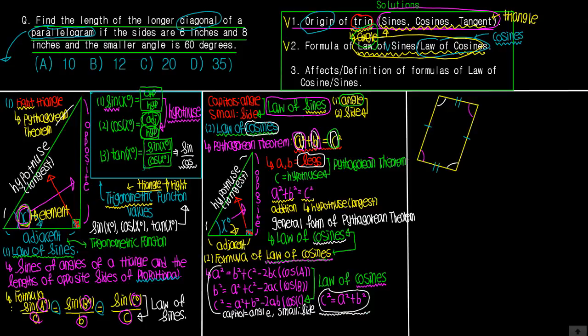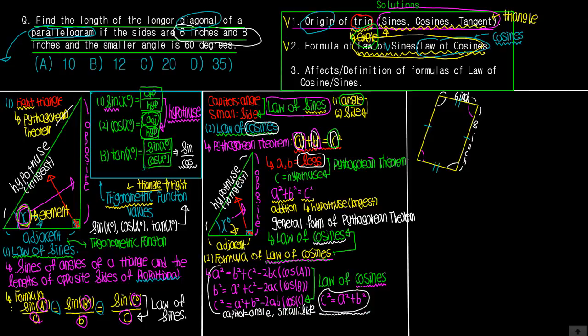So what I'm going to do right now is label every single thing that we're given. They said one of them is 6 inches and another one is 8 inches. So let's simply get this as the 6 inches because it obviously looks smaller than the other one. And clearly, this will be 8 inches.